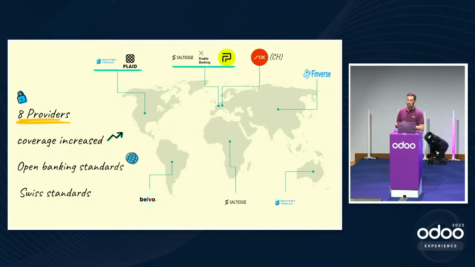So for Switzerland, we will work with B-Link. For LATAM, we will have a specialized provider called Belvo. For the Asia continent, we are going to work with Finverse, and we will improve also for New Zealand the Yodlee. So Yodlee, it's an existing provider, but we will definitely improve the coverage in New Zealand. And Australia, sorry.